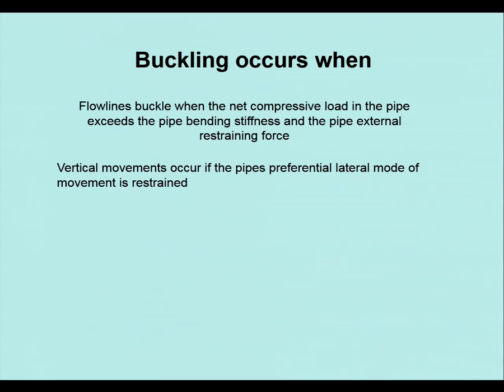Vertical force occurs if the pipe's preferential lateral mode of movement is restrained. So in other words, if it's in a trench, its lateral's restrained, it's got to go somewhere and goes up. And those forces are not small. It can be thousands of tons in a pipe that size.